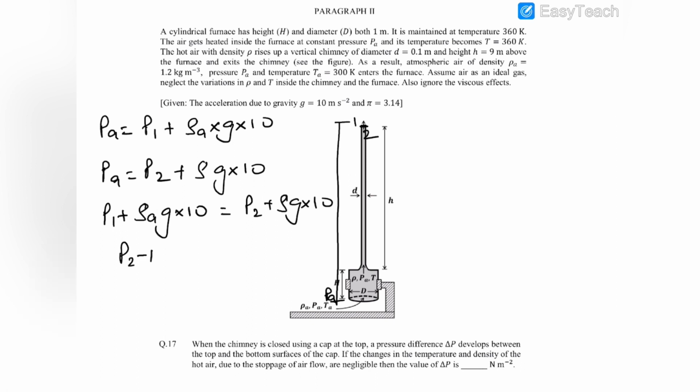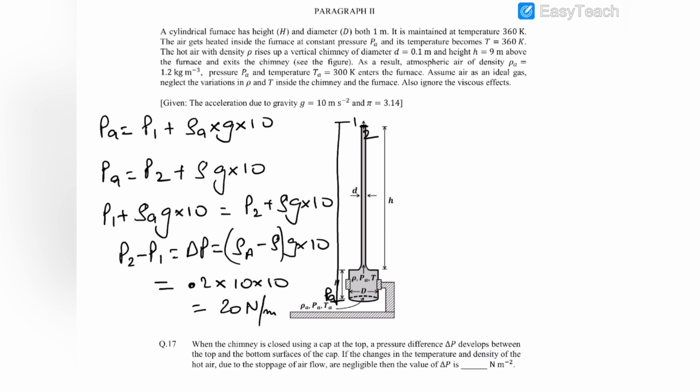So P2 minus P1 is delta P, and it is equal to rho A minus rho into G into 10. And rho A minus rho is 0.2, G is 10, and this is 10. So it is equal to 20 Newton per meter square. So the correct answer of this one is 20.